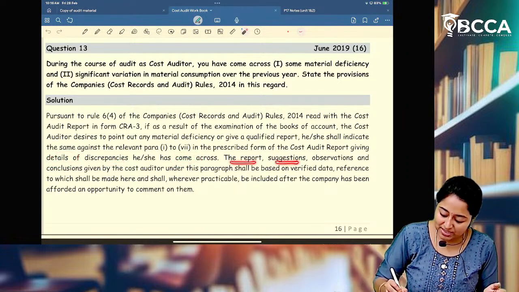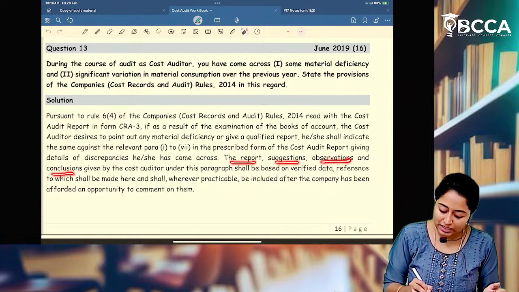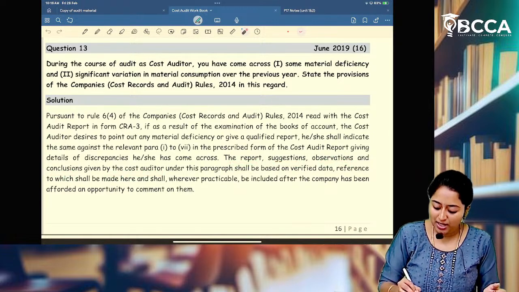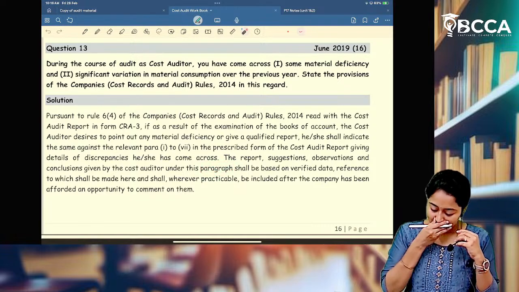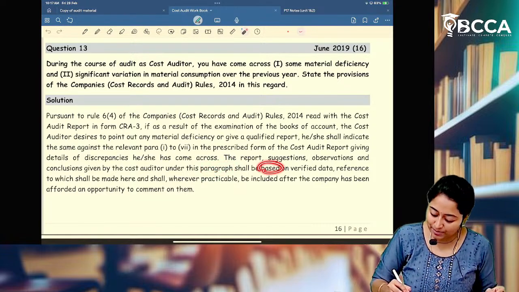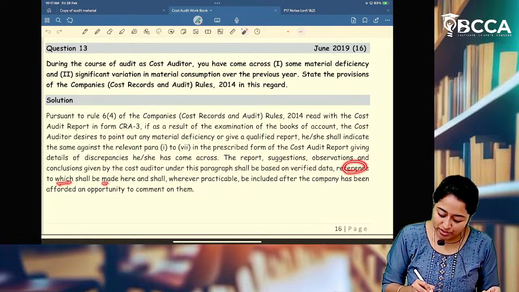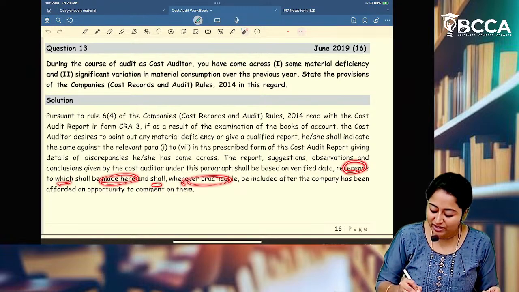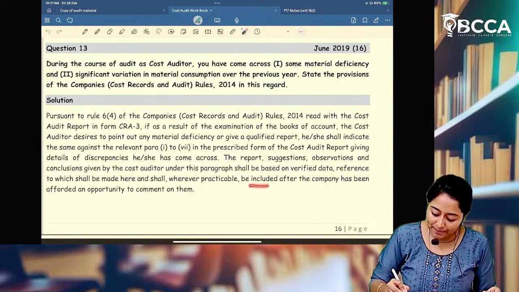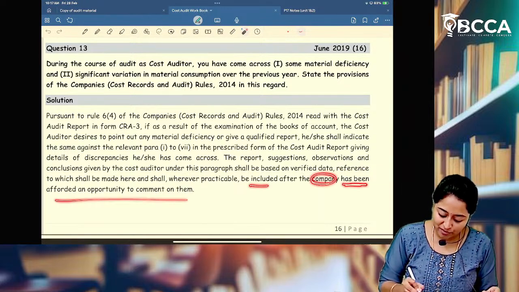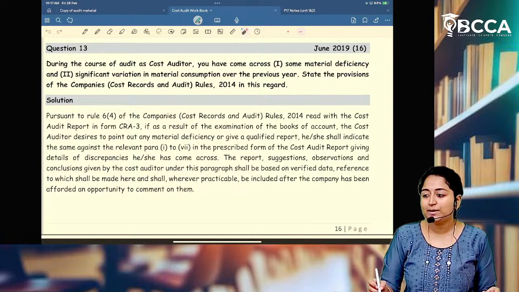The report, suggestion, observation and conclusion given by the cost auditor under this paragraph shall be based on verified data, reference to which shall be made here and shall, wherever practicable, be included after the company has been afforded an opportunity to comment on them.